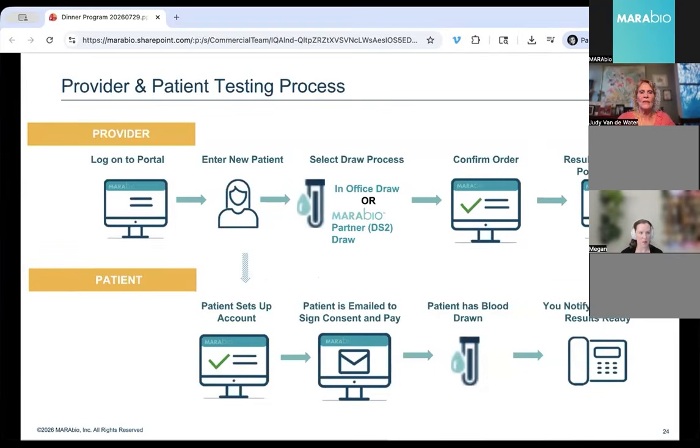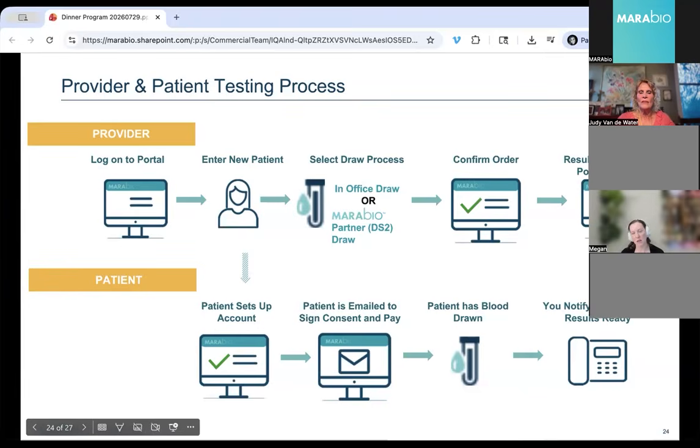So just a little bit about how to access the testing. It is ordered online via a portal. We will help your practice set that portal up for ordering. You can enter a new patient. It's just a couple of pages of information that we collect about that patient. You can select a draw process.